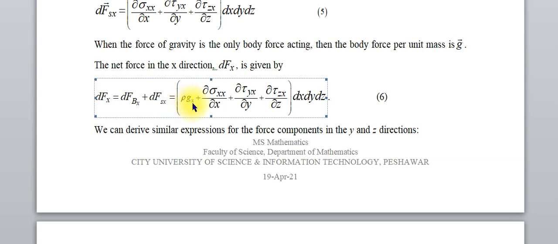So rho gz plus partial by partial z of sigma zz plus partial by partial x of tau xz, all the stresses in the z direction. The plane is x, but in the z direction. Already explained this. Partial by partial y, the plane is y, but in the z direction.